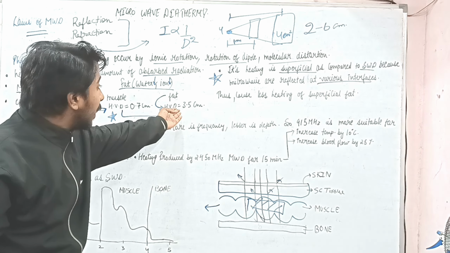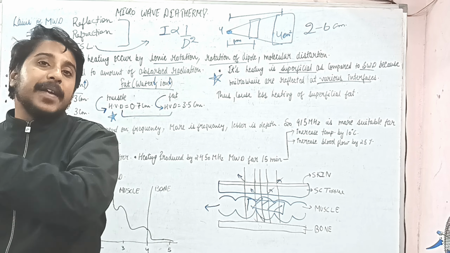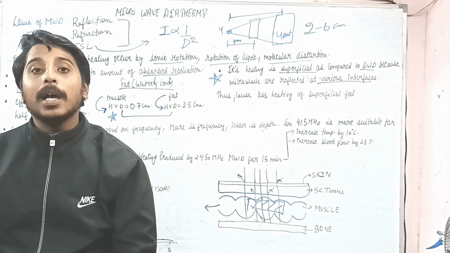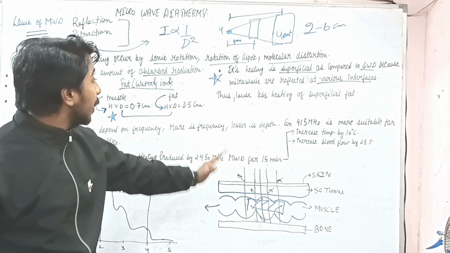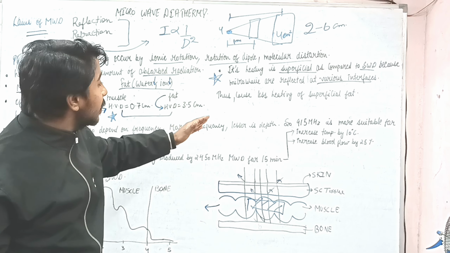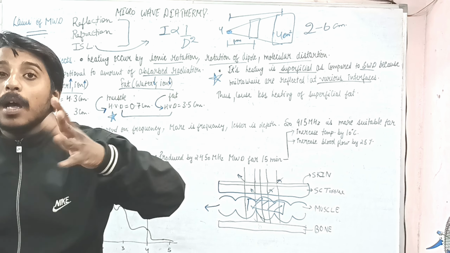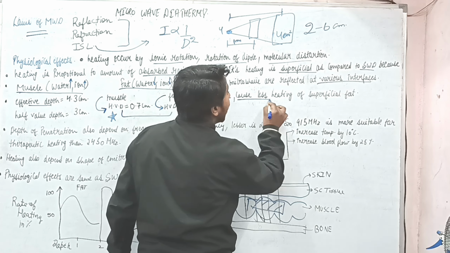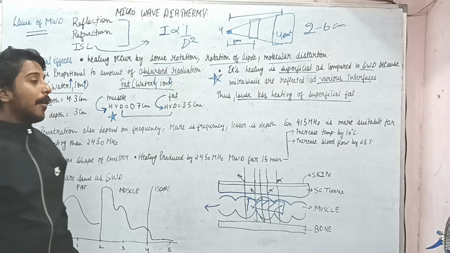But in fatty tissue, it can go 3.5 centimeter. That is, it can go to much depth to reach the muscular tissue, but it does not give energy in the fatty tissue. That is, it does not cause heating of the fat, which is its advantage. Thus, it causes less heating of superficial fat.